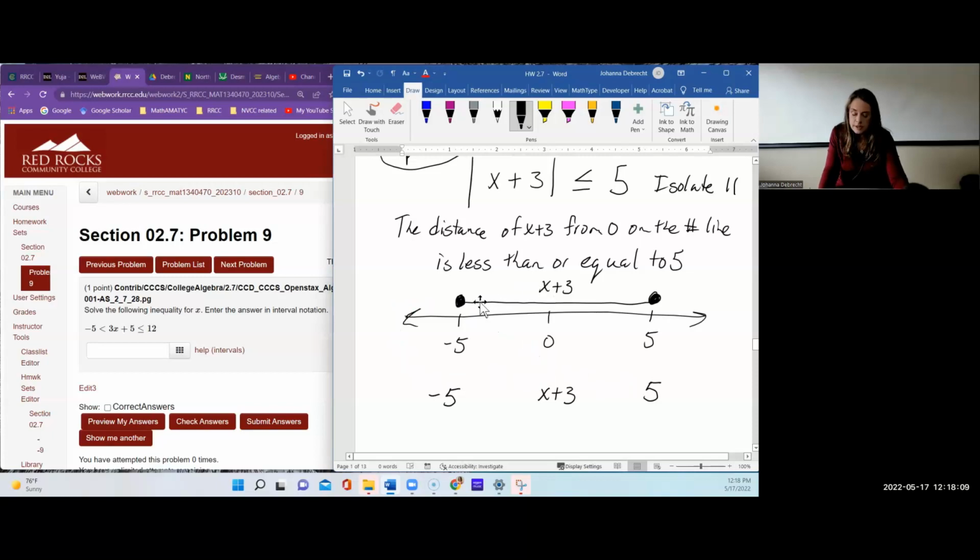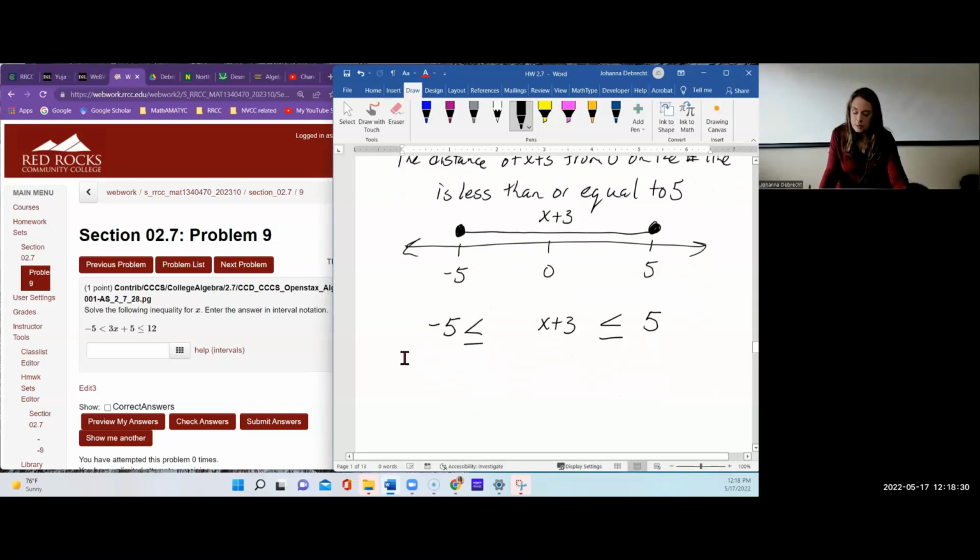X plus 3 is on the right side of -5, so we should have the wide end of the symbol towards the x plus 3. However, it's on the left side of 5, so we should have the narrow end of the symbol here. That means that x plus 3 is between -5 and 5.